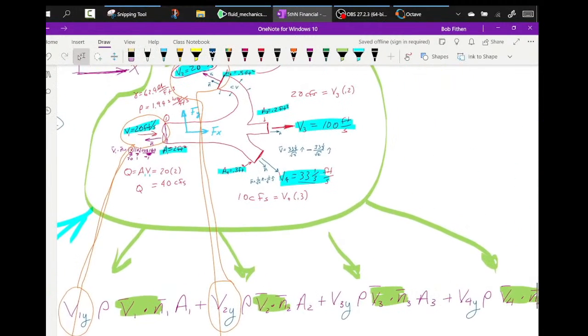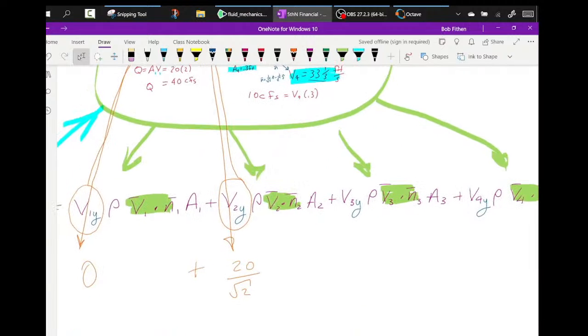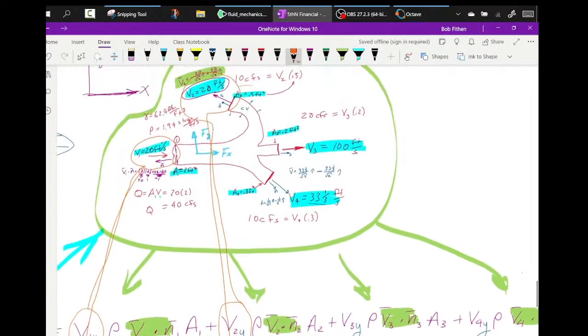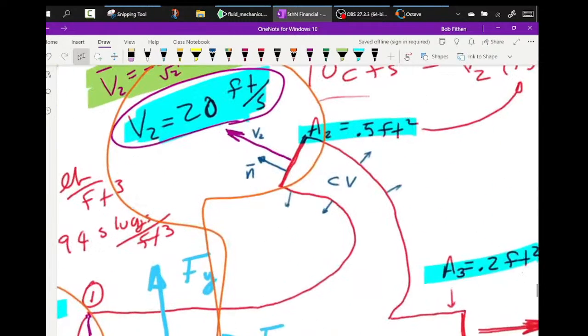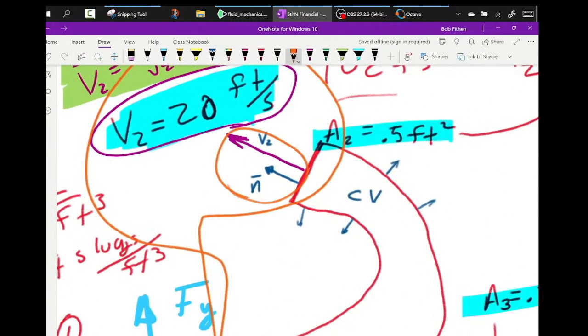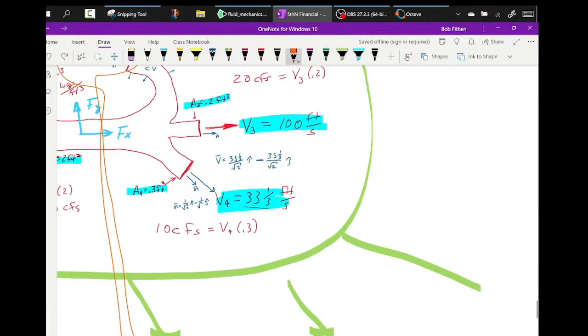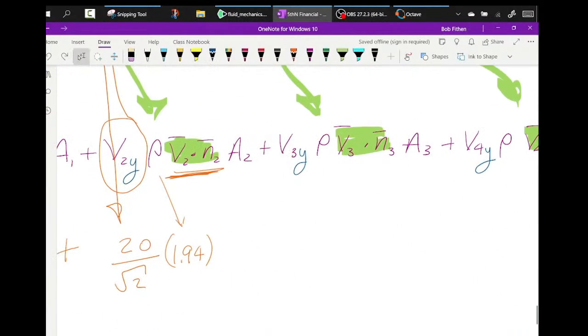So, now, I'll go ahead and copy this down, 1.94 for the density. V2 into, it is going out. Therefore, the dot product is positive, and therefore, this term is just plus 20.